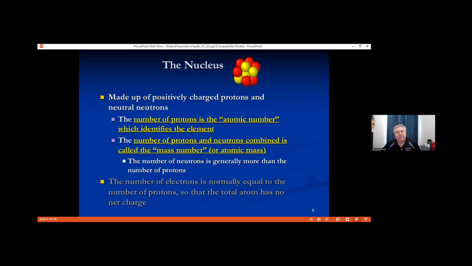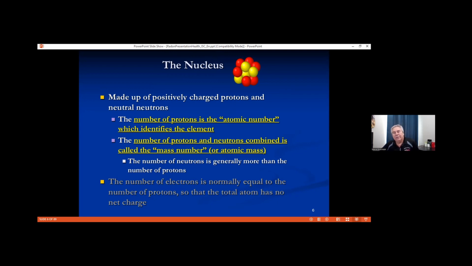Every element that we know has a specific atomic number, and it relates to the number of protons in the nucleus. In the case of radon, we have 86 protons in the nucleus and a certain number of neutrons.